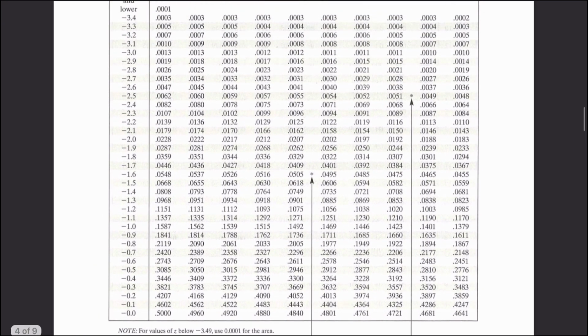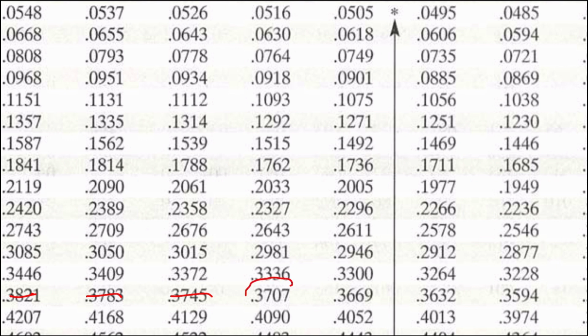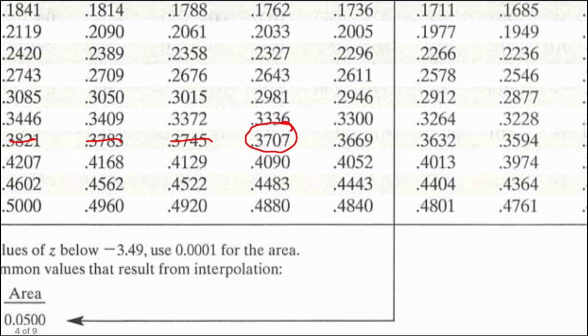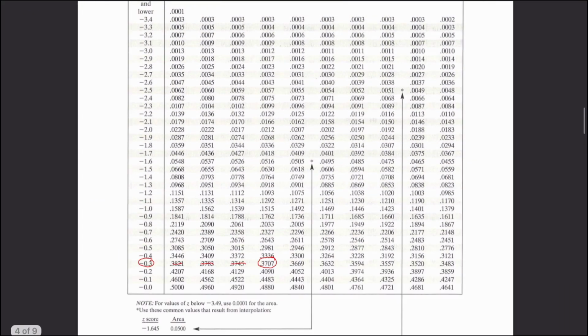We can find 0.3 down here and go across. This is 0.30, 0.31, 0.32, and then here 0.33. So this 0.3707 value is our number.